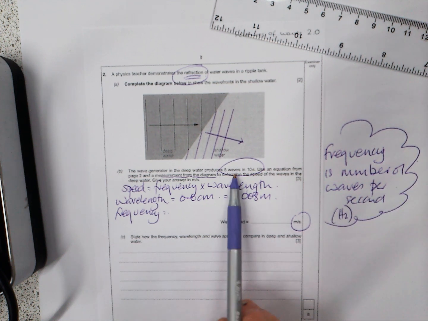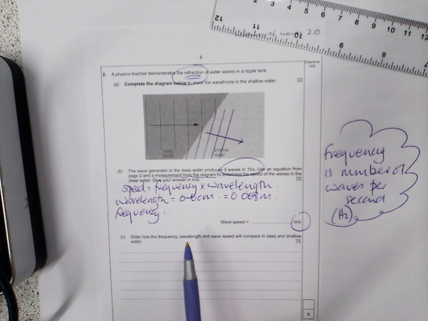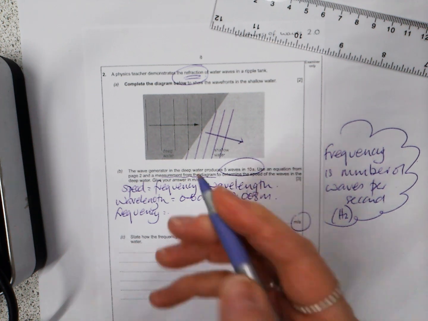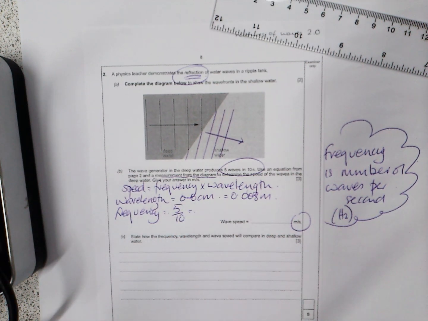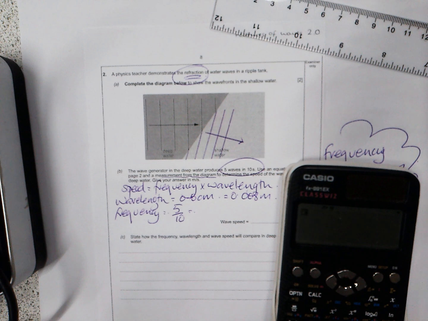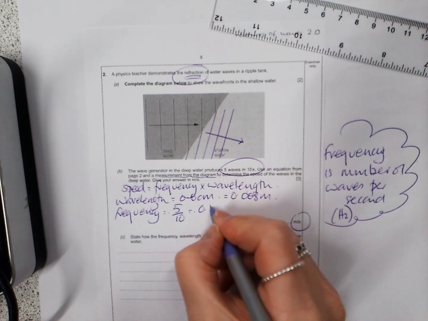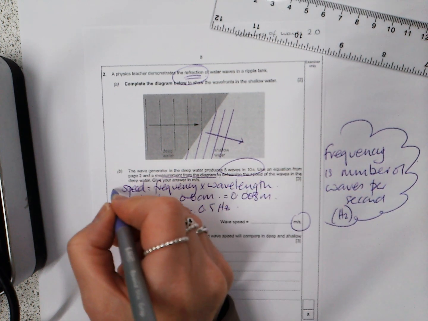Right, so if we have 5 waves in 10 seconds, how many waves in 1 second? If there are 5 waves in 10 seconds, 5 divided by 10 will tell us the frequency. Don't need to do this on a calculator really, do I? 0.5 hertz.